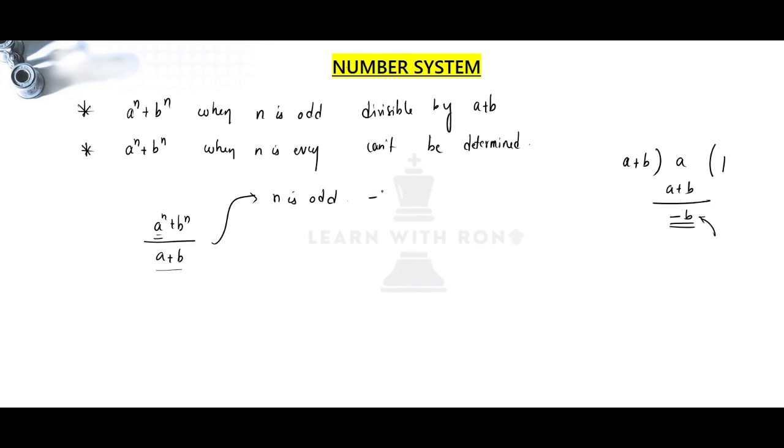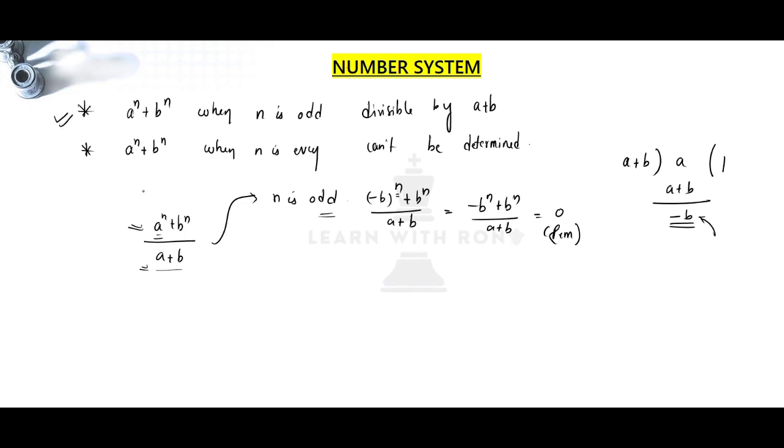So minus b whole power of n plus b to the power of n divided by a plus b. See here, n is odd, meaning you get negative outside. So minus b power of n plus b power of n is 0, which is the remainder. So what is the meaning of this? a power n plus b power of n is completely divisible by a plus b when n is odd.